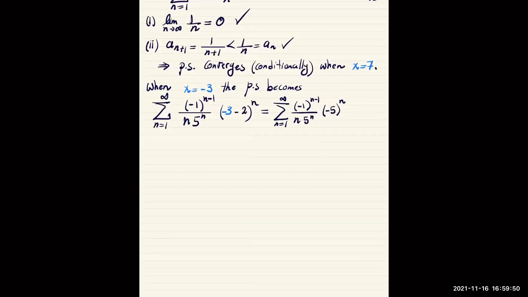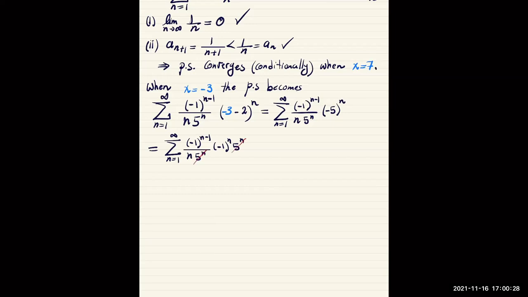So what you can do is separate the negative and 5 and rewrite that as -1 to the n times 5 to the n. You can distribute that exponent into both of these factors. Properties of exponents, the 5 to the n's cancel out.